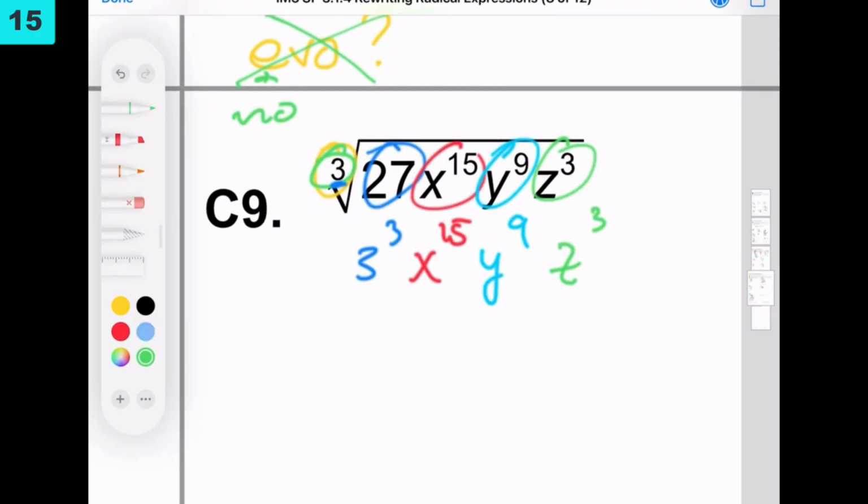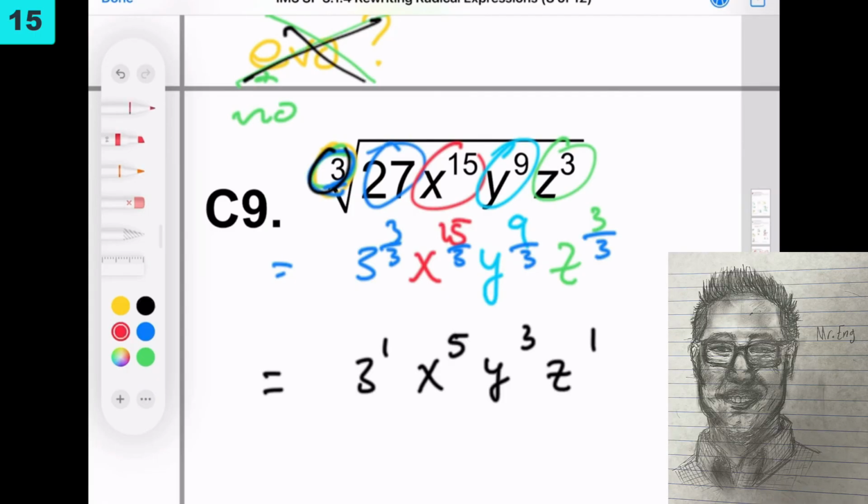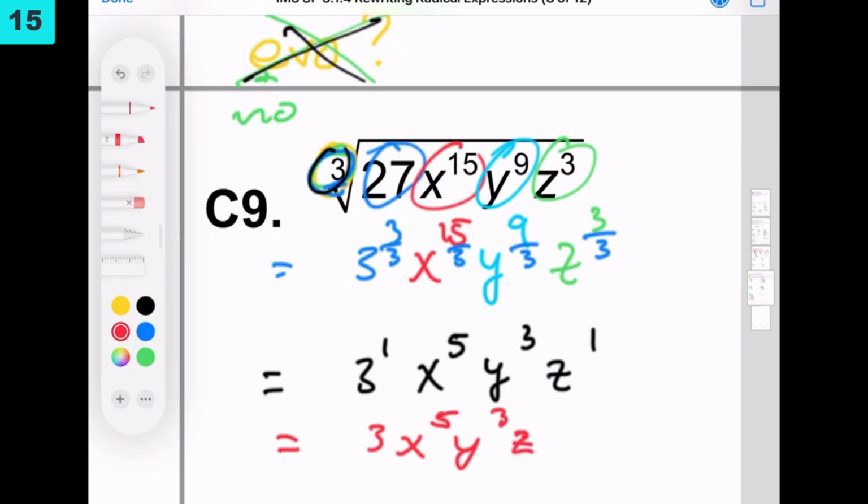And all of those are being divided by this 3 here. So I get 3 to the 1st, x to the 5, y to the 3rd, and z to the 1. Do I need to apply EVO? The answer is no, because remember, you have an odd, not an even index. And just to clean that up, I can just take away those 1s. And this would be our answer.